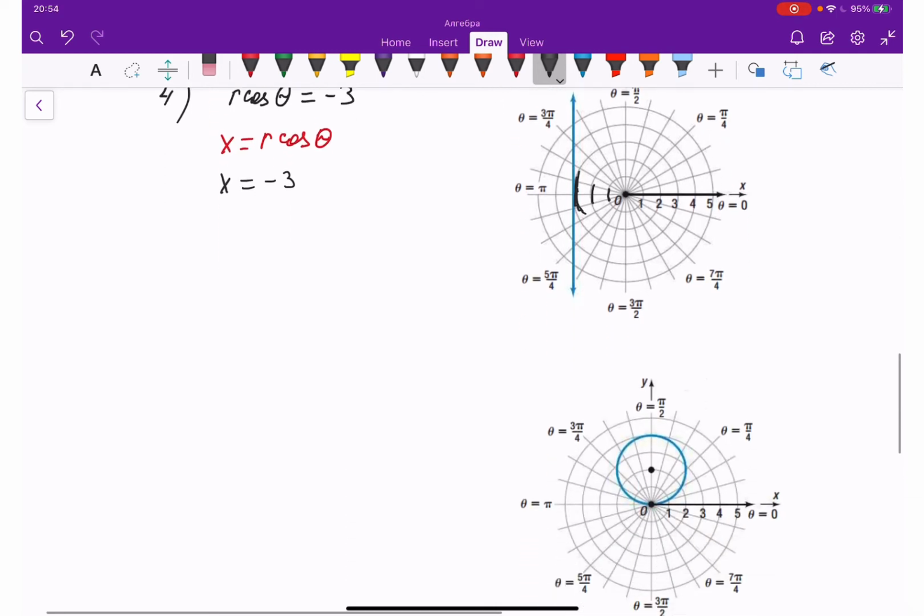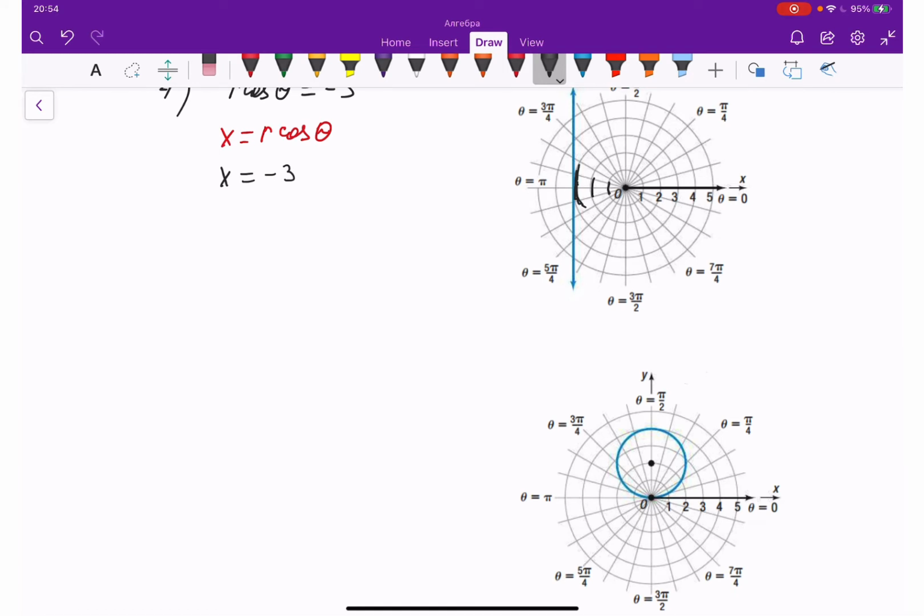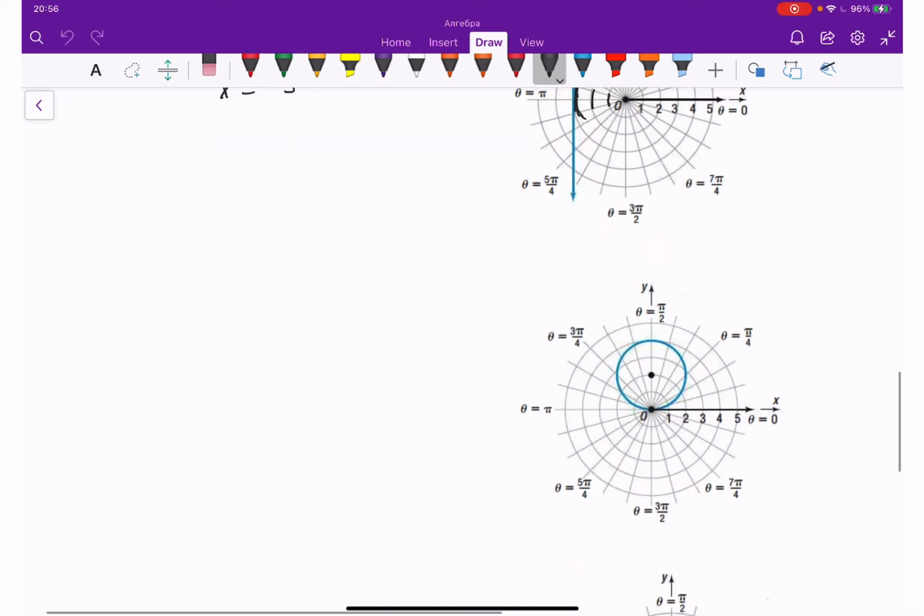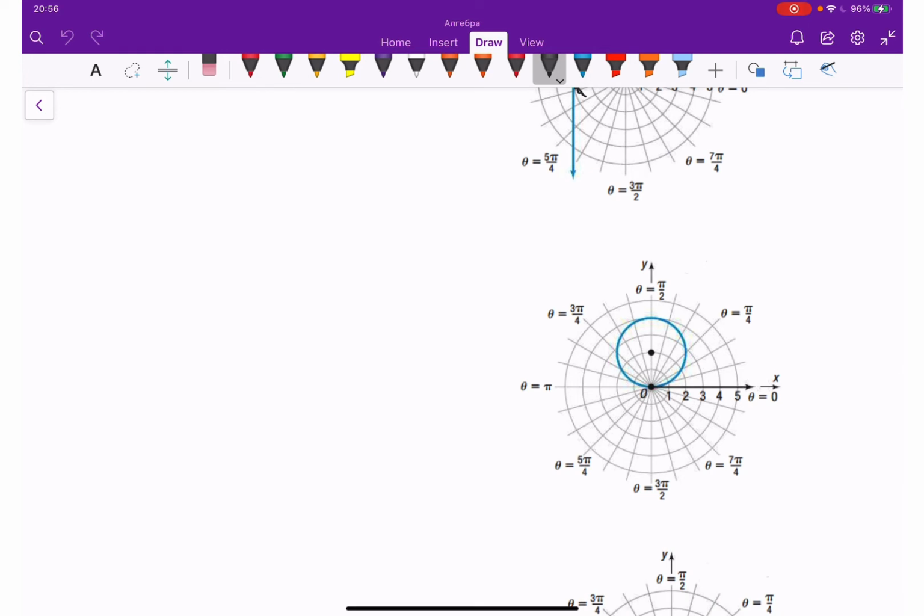Next one. Now this one is interesting. Question number 5. Identify and graph the equation r equals 4 sine theta. To graph the equation r equals 4 sine theta, we need to transform the polar coordinates to rectangular.